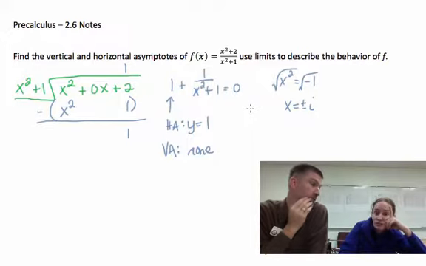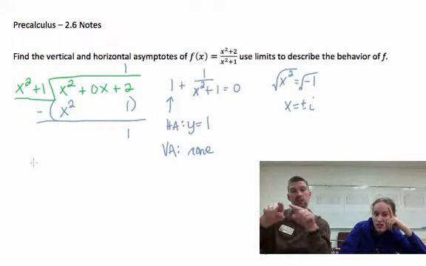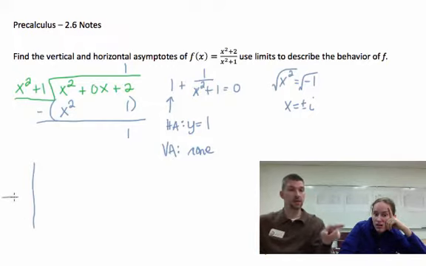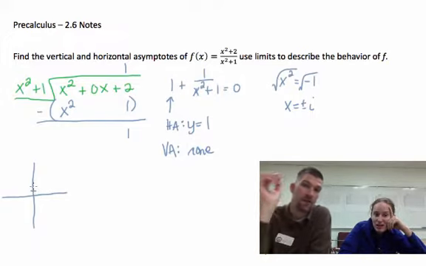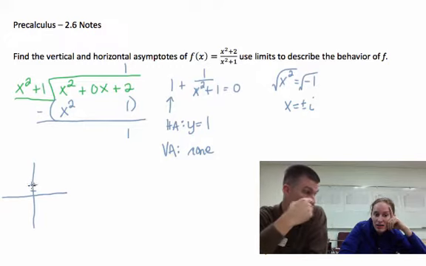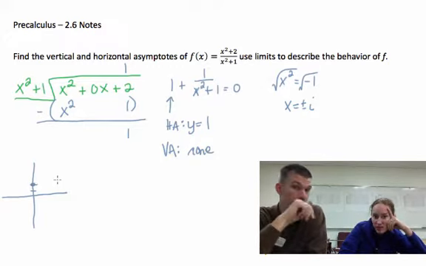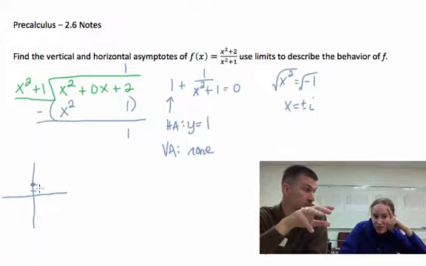I'm kind of curious what this would look like. I know what this would look like, I think. It's going to be limiting towards 1 as we go to the infinities. And if I put 0 in for x, I get 2. If you put a 1 in for x, then that's 3 halves.